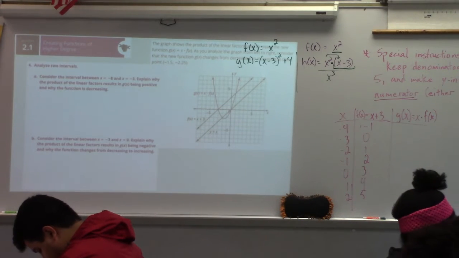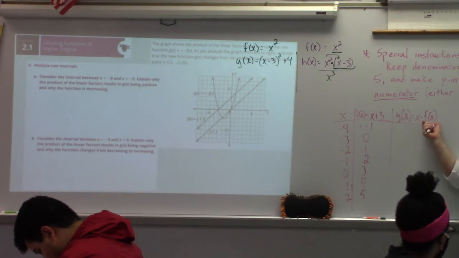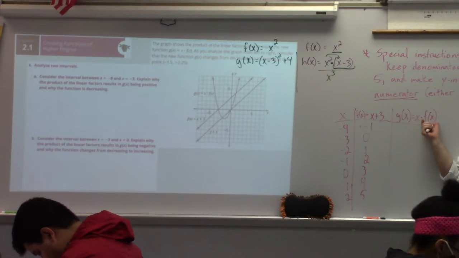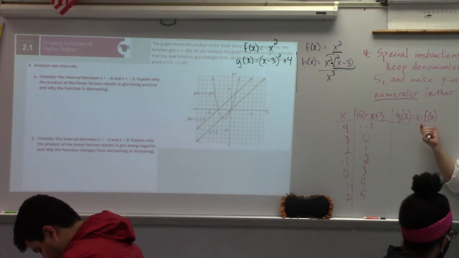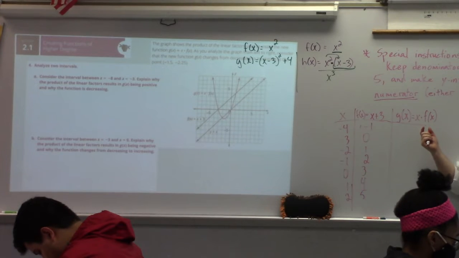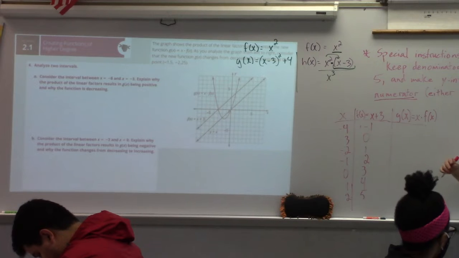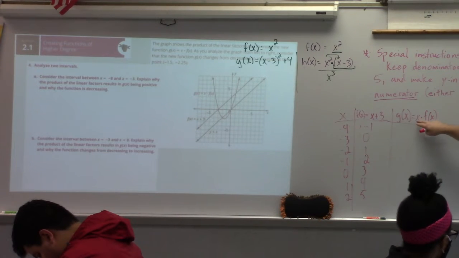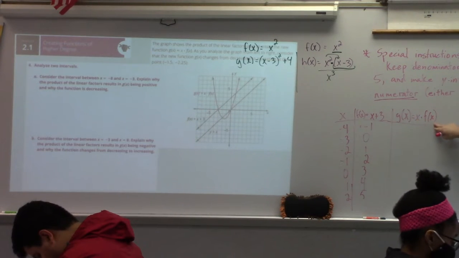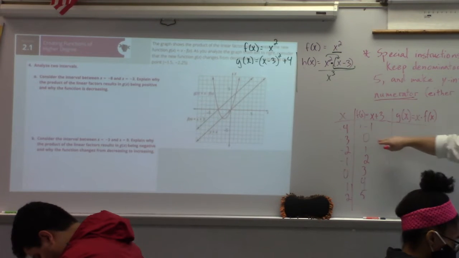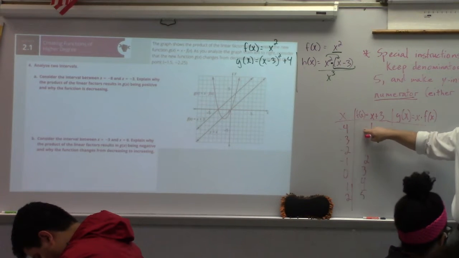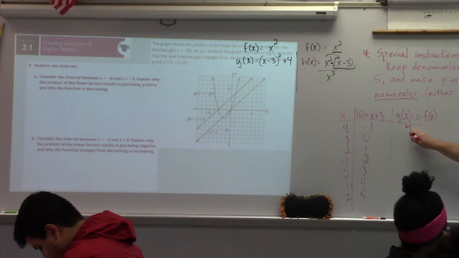I need you to always remember, if you have that entire f of x or entire g of x or the entire h of x, what are we really referring to? The outputs, which is our y's. Okay, they are connected. So the way we got g of x is we literally took x and we multiplied it by f of x. So we took the x value, -4, times that -1 to get 4.